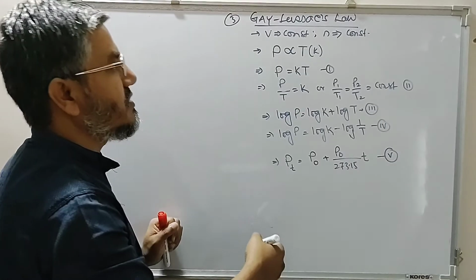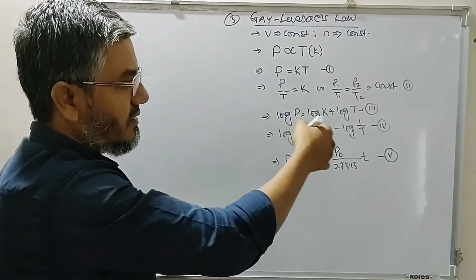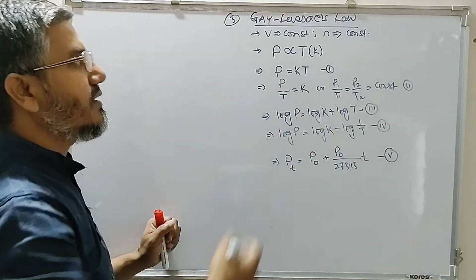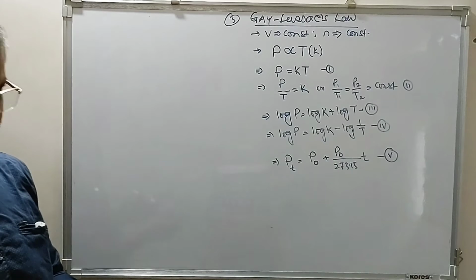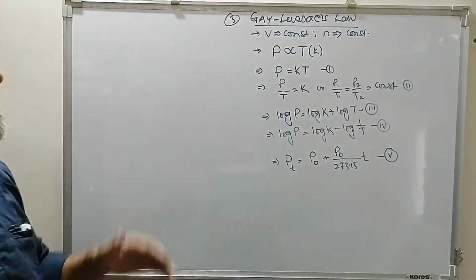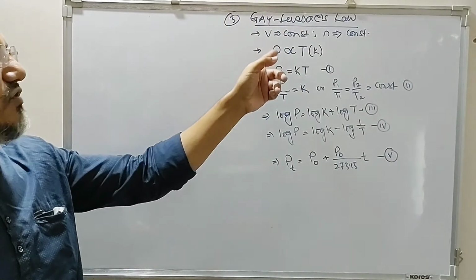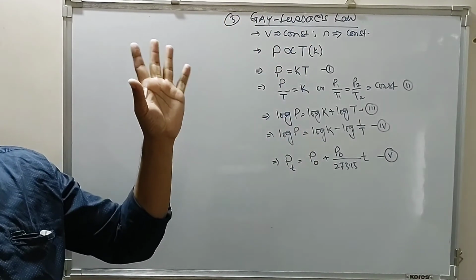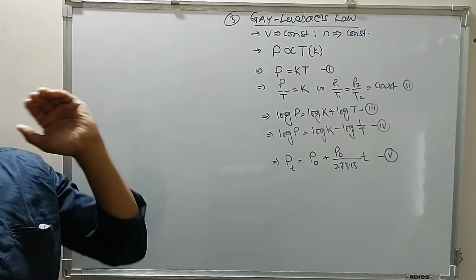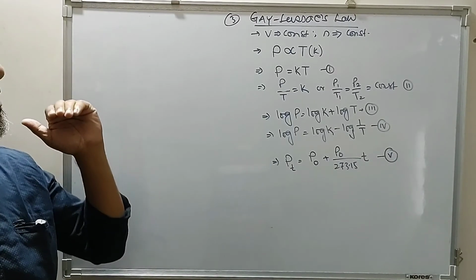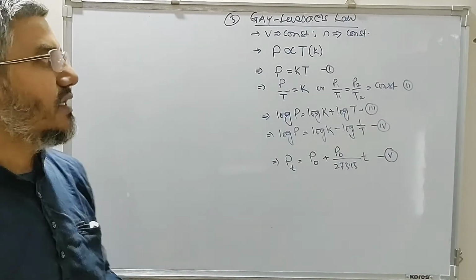So this is equation number 5. These equations and forms are exactly parallel to Charles law. The only difference is wherever we have volume in Charles law, that volume should be replaced by pressure P. Graphs, everything remaining identical.